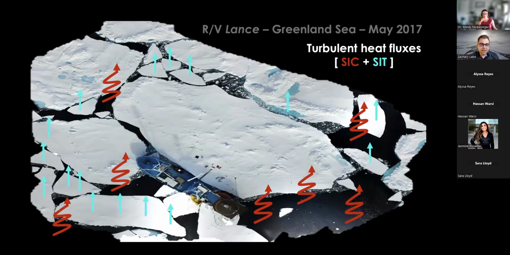But there's also another source of heat, and that's due to the thickness of ice. If you have really thick ice, it essentially acts like a blanket preventing the heat in the ocean from getting into the atmosphere. But if the ice is much thinner, then that heat can escape.